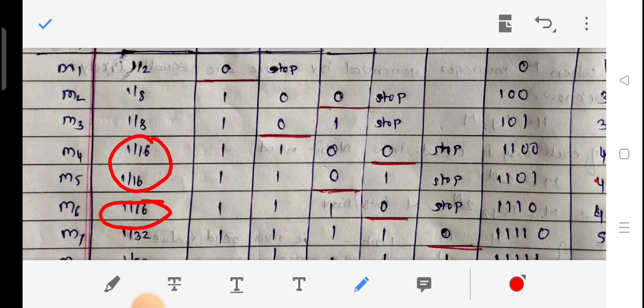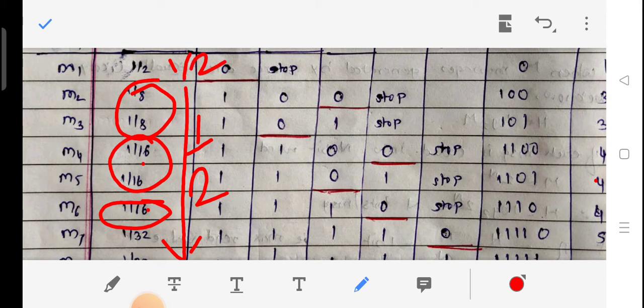So if we add this 1/8 and this 1/8, we get 1/4, and again for this addition we get 1/4. So 1/4 plus 1/4, the total probability of all these messages from M2 onwards till M8, will be 1/2, and the probability of M1 is already given as 1/2.